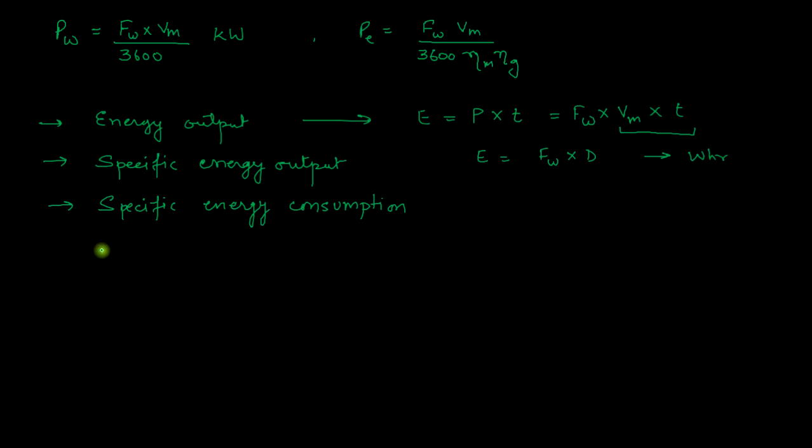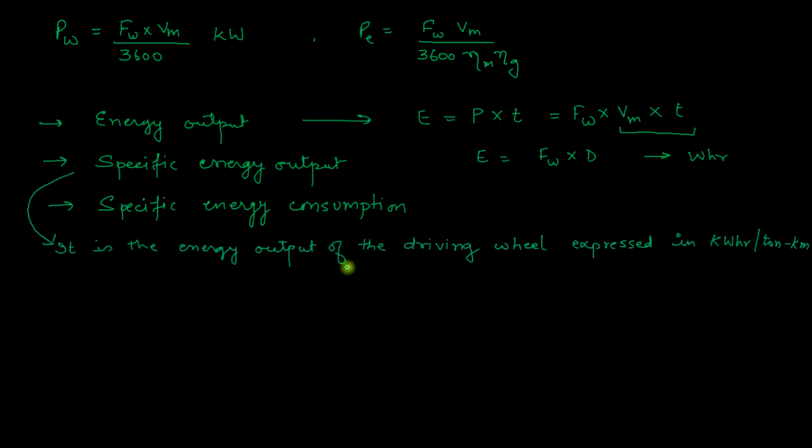Now I should define specific energy output. It is the energy output of the driving wheel, but expressed in kilowatt hour per ton kilometer. Over here we have the energy in watt hour, but the specific energy output is expressed in kilowatt hour per ton per kilometer. That is the energy produced by the locomotive to travel a distance of 1 kilometer having a weight of 1 ton.